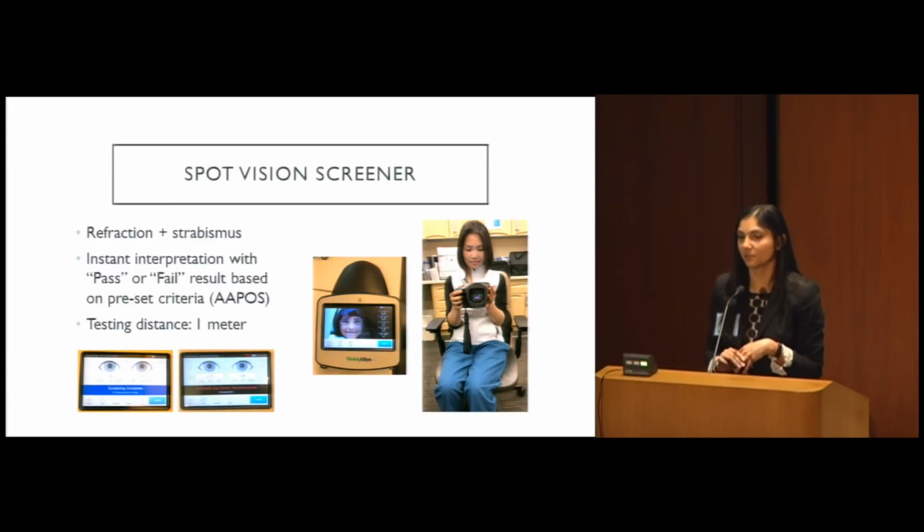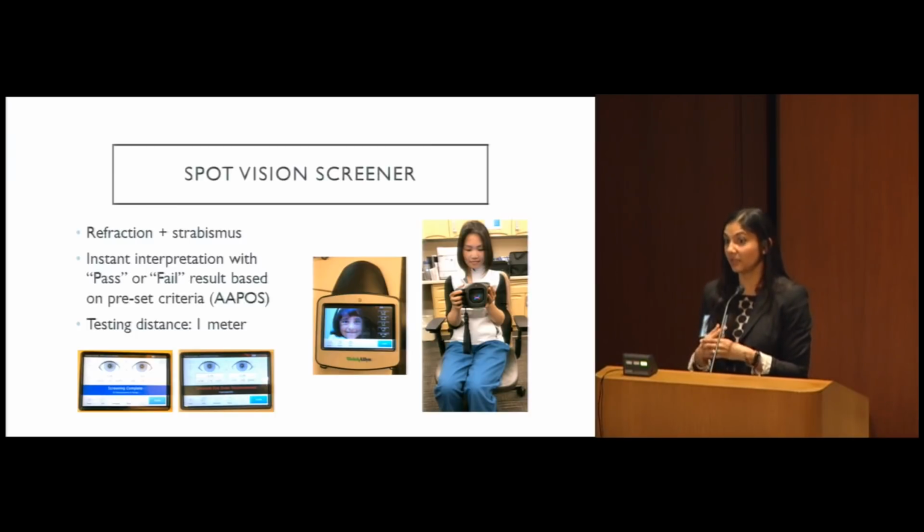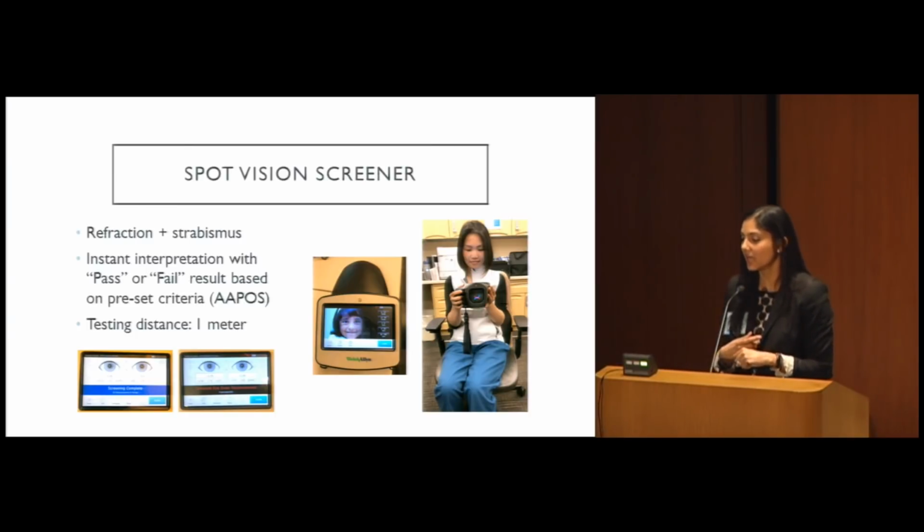So the first one we tested was the Spot Vision Screener by Welch Allyn. It's an infrared screener, and it's used at a distance away from the patient and can measure a refractive error and strabismus. And then it gives you an instant interpretation with pass or fail for whether to refer to an optometrist or an ophthalmologist or not. And this is based off of standard guidelines that were set forth by the American Association for Pediatric Ophthalmology and Strabismus.